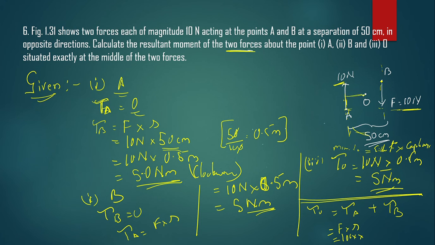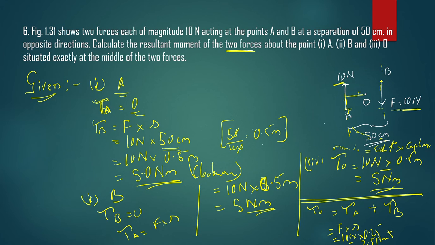Now this distance is half of this, so this will be 25. Sorry, this will be 0.25, because you will divide this 25 by 100, it will give you 0.25. So 10 into 0.25 will give you 2.5 Newton meter.